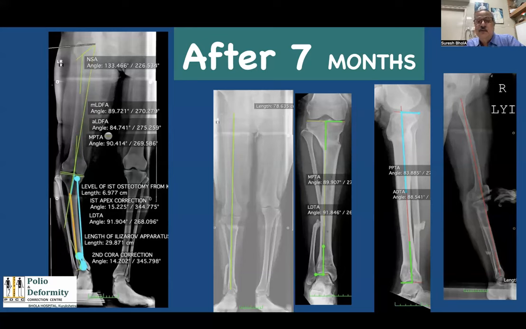In this case, the deformities were found to be at the upper end of the tibia and lower end of the tibia. And at both the levels, osteotomies were done.